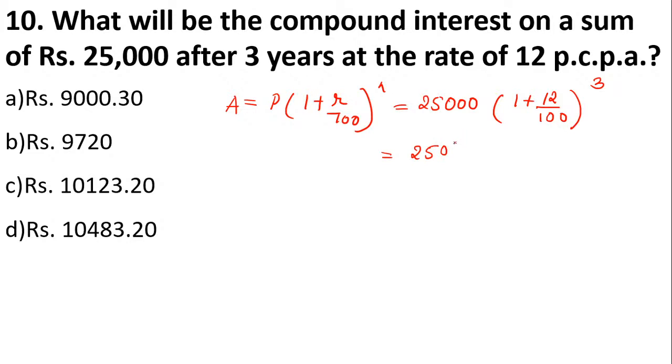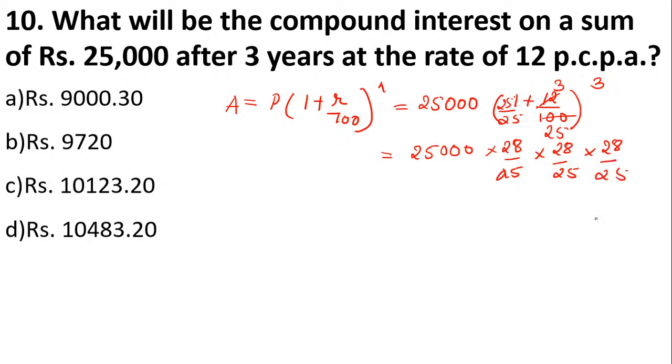If we multiply by 25 over here and over here, what we are going to get is 25,000 into 28 upon 25 into 28 upon 25 into 28 upon 25.